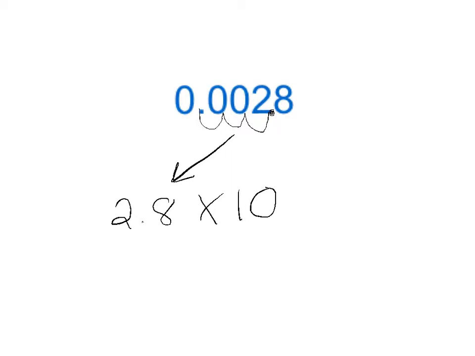And if you notice, the number of times I need to move it is 1, 2, 3. So my exponent value this time is going to be -3. So the correct answer is 2.8 times 10 to the power of -3.